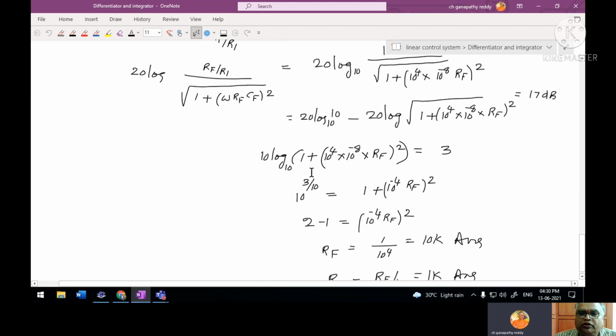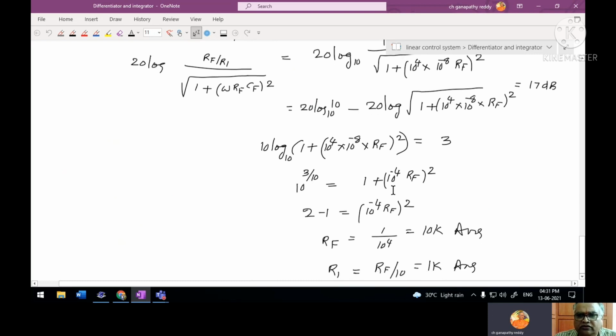Now 10 to the power of 3 by 10 is equal to 1 plus 10 power 4, 10 power minus 8, that is 10 power minus 4 RF squared. Just a mathematical calculation, you can go through it. Then 10 power 3 by 10 is 2, 2 minus 1 is 1. Solve for RF, you will get 10k.